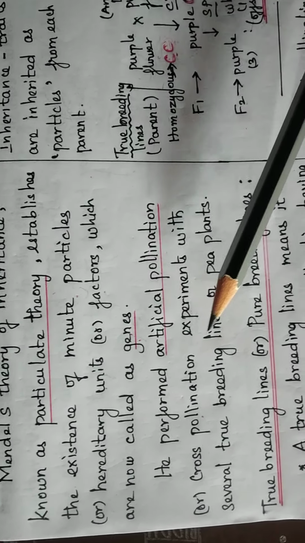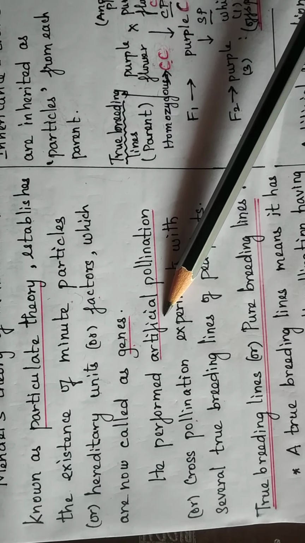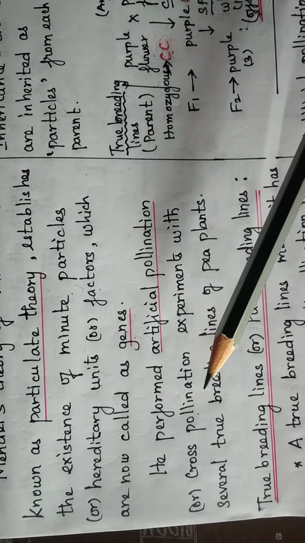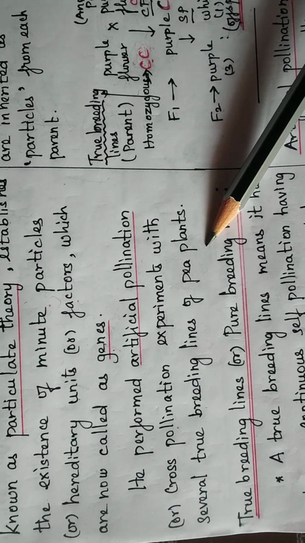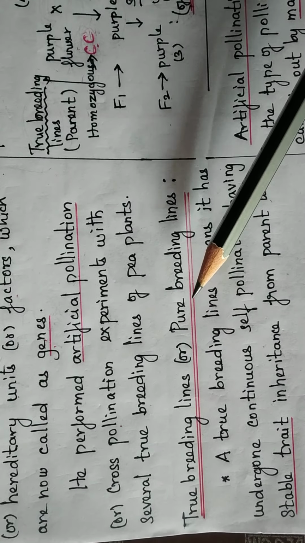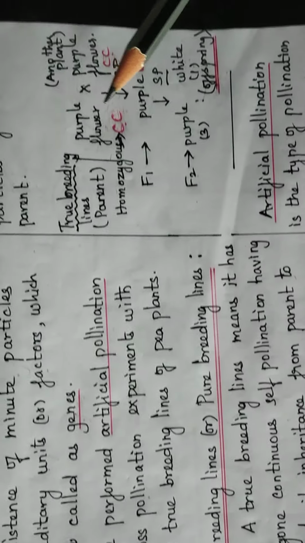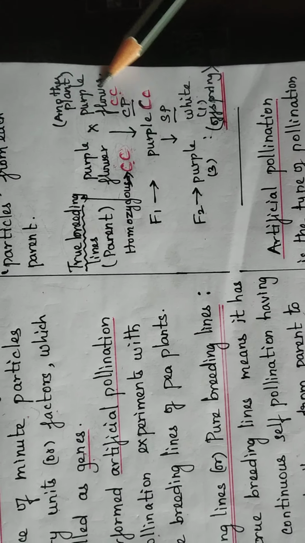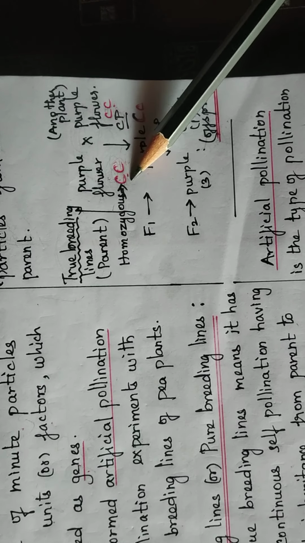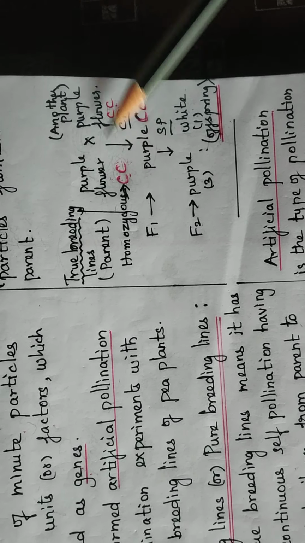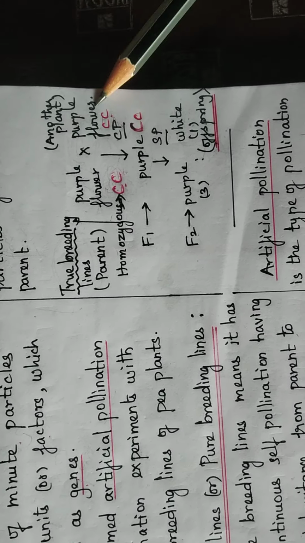Okay. So he performed Mendel's experiment by using artificial pollination or cross pollination with several true breeding lines of pea plants. True breeding lines, or pure breeding lines. What do we mean by true breeding lines? We can take two different colors of a plant, the parents having a homozygous condition, that is a purple flower with capital C, capital C, and a flower from another plant having small c and small c.